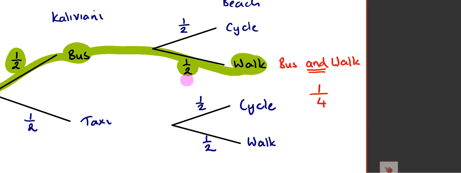Alright, now let me just introduce you to something. This word "and" in probability is for multiplication. So what we can do to work this out, this is 1/4, 1 out of the 4 options, but we can show that is true by doing the 1/2 for the bus, 1 out of 2, and then we multiply by the 1/2 for walking.